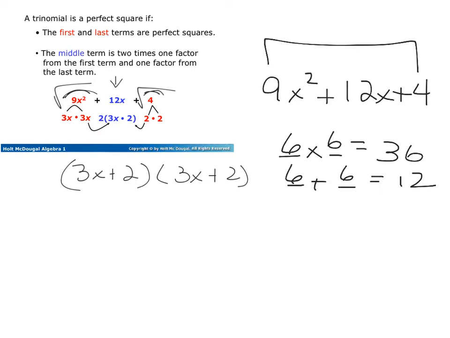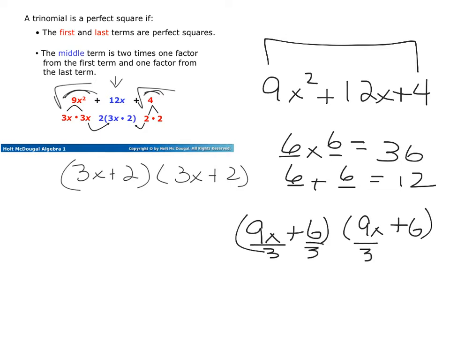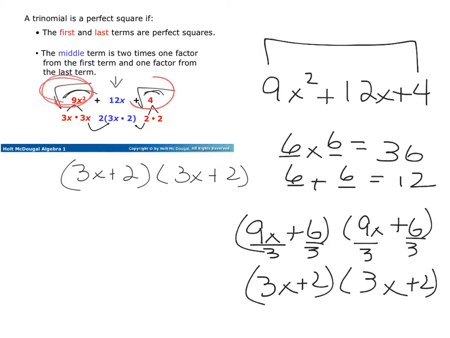So then you would take the 9x, if you're doing the trick, plus 6, the 9x plus 6. Remember, when you simplify, notice it's going to go to the same thing for both. So technically we can do this, what we did on yesterday's quiz, or if you realize that this is a perfect square and this is a perfect square, you just square root it and those are your factors.